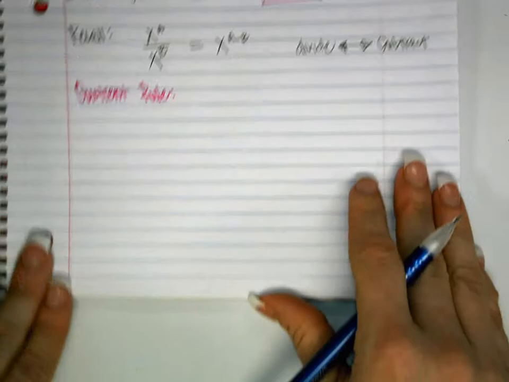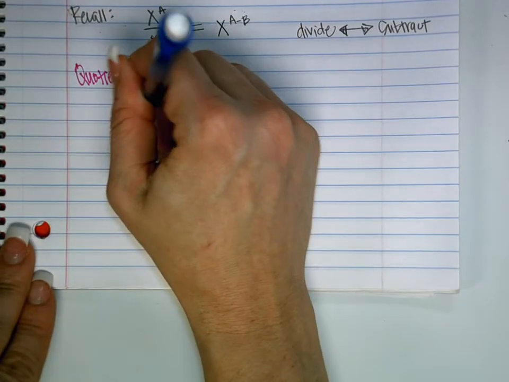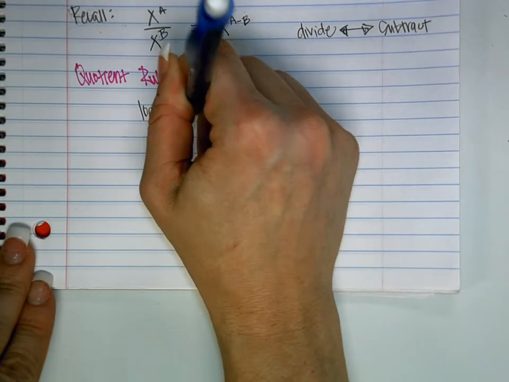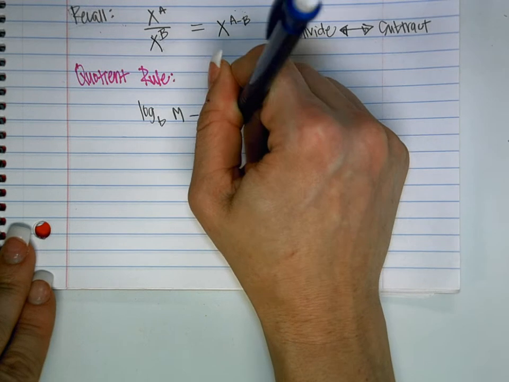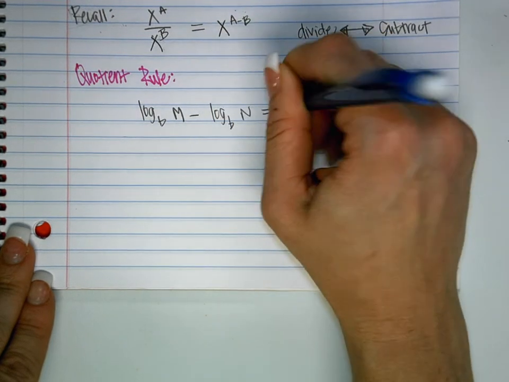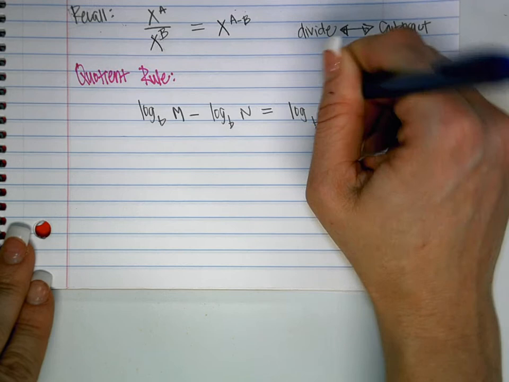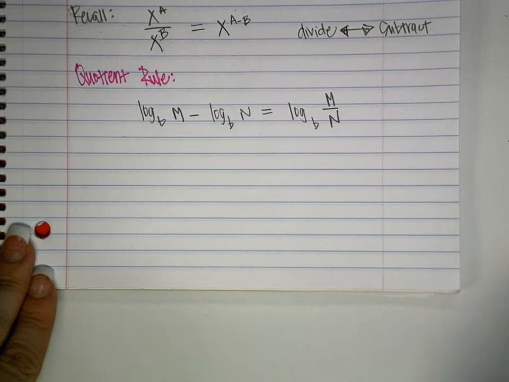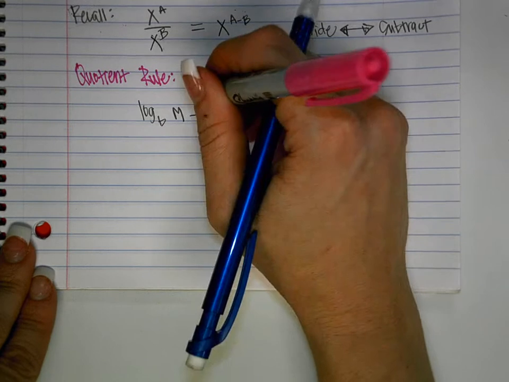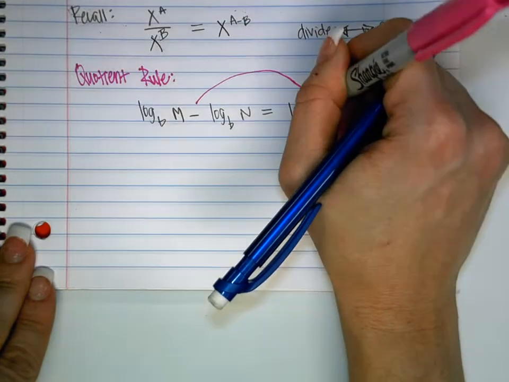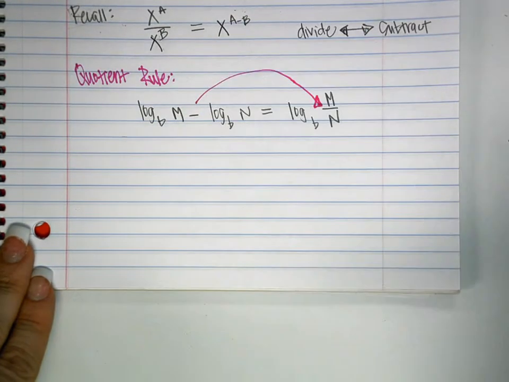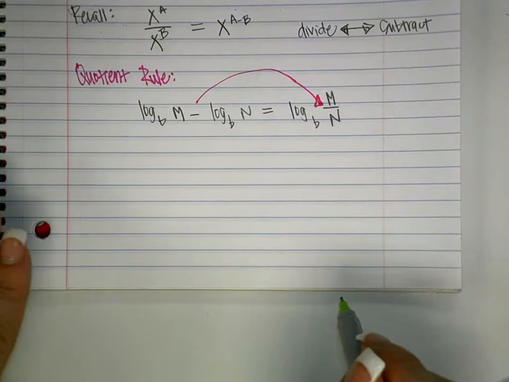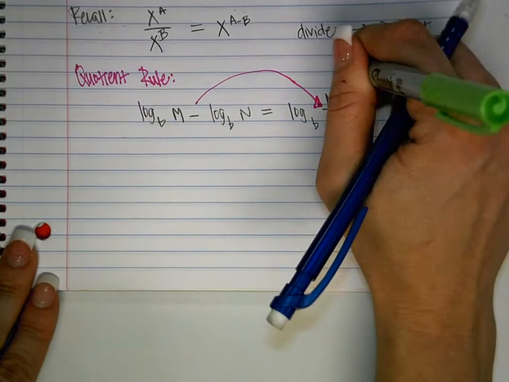The quotient rule tells you that log base b of m minus log base b of n is equal to log base b of m divided by n. So again, subtraction goes along with division. Addition goes with multiplication, subtraction goes along with division.